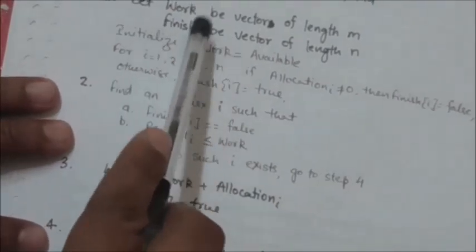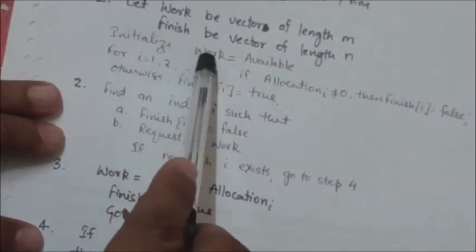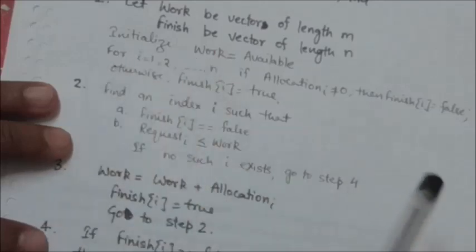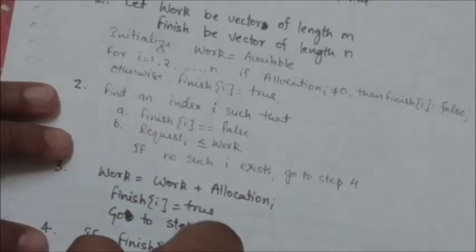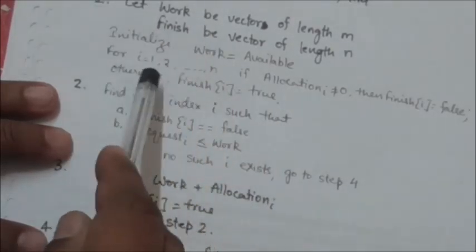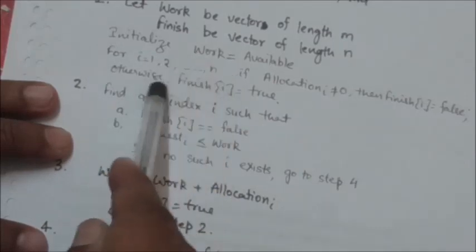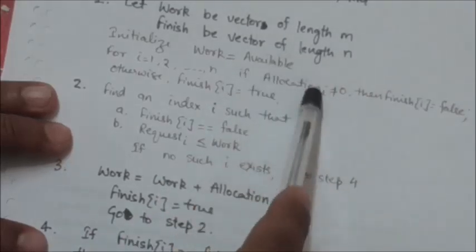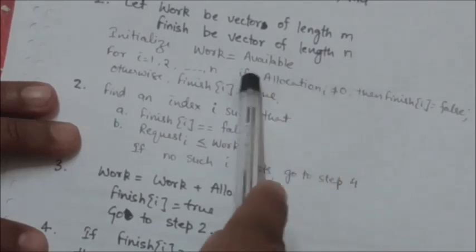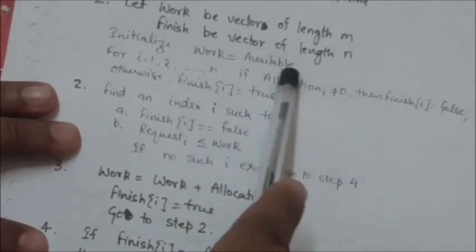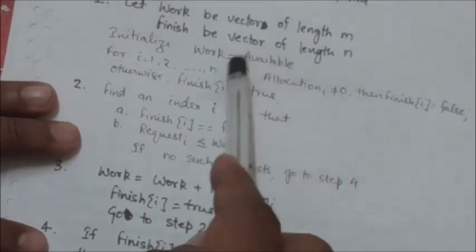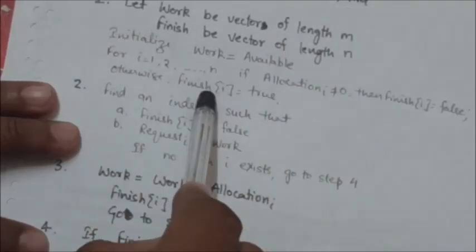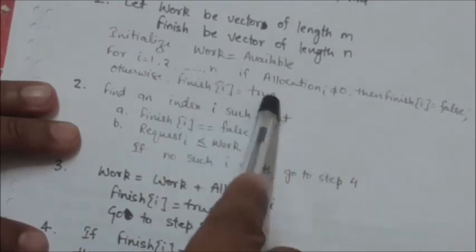Now we have to initialize the values of Work and Finish. We initialize Work by assigning it the value of vector Available. Then we check all the indexes of the Finish vector. If there is some process pi to which no resources are allocated, then in vector Finish at index i we set the value true.